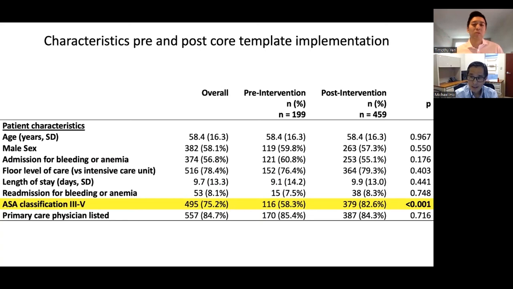And once you get over this hurdle, even the laggards, the people who aren't excited about using this, will find that once you use these templates, overall it saves time. You add one click to select this template, and you save 30-something clicks selecting all of those components of diet, disposition, etc.